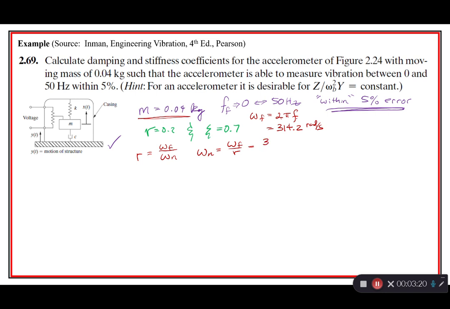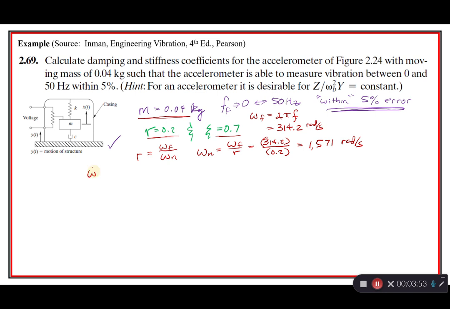So that's going to be 314.2 divided by 0.2. We already discussed that 0.2 is a really important range, and we already set that 0.7. So it seems a little hinky to me that the rest of the stuff we're about to do seems a little pointless. We get 1,571 radians per second as the natural frequency of the accelerometer.